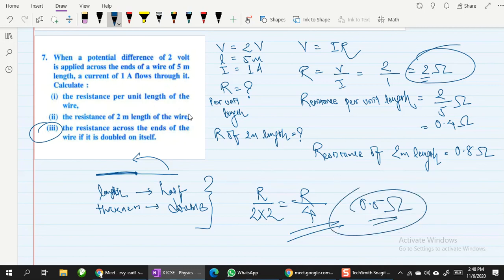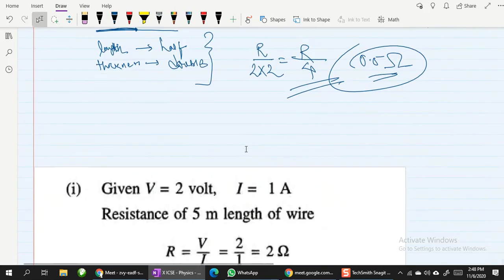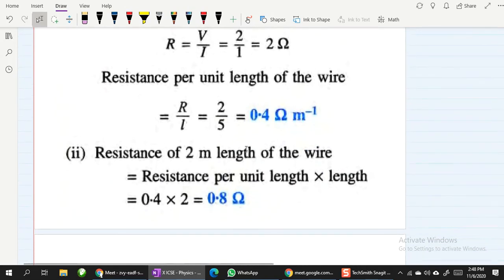But if they are talking about the wire of 2 meter length whose resistance is 0.8, divided by 4, it will become 0.2 ohms. So we don't know yet which wire we are talking about. Either it is 0.5 ohm or 0.2 ohm. Let's check.